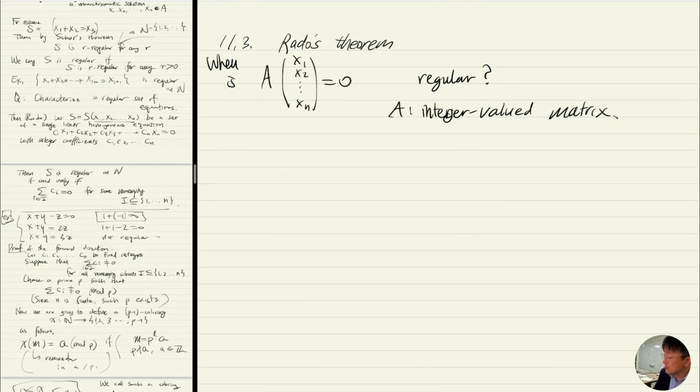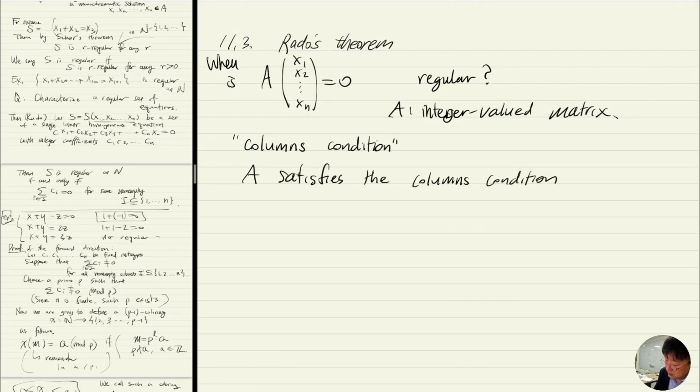And now let me explain what's called the column condition. Here's what it is. We say A satisfies the column condition. So A is an integer matrix with n columns.